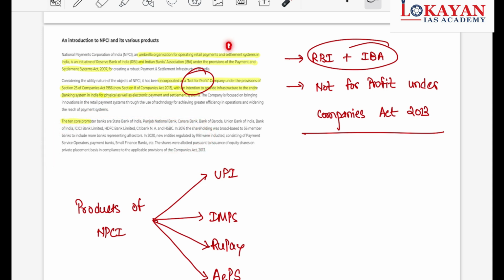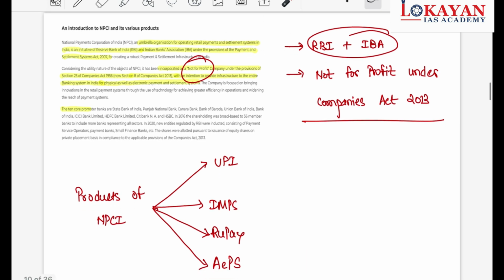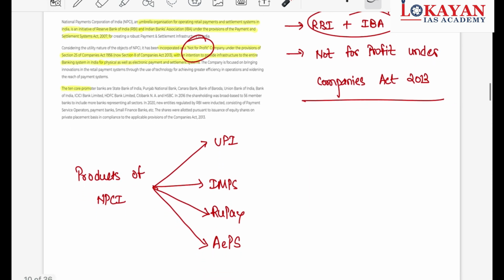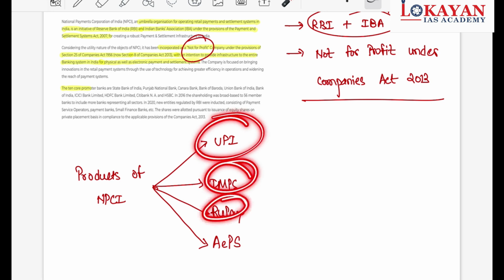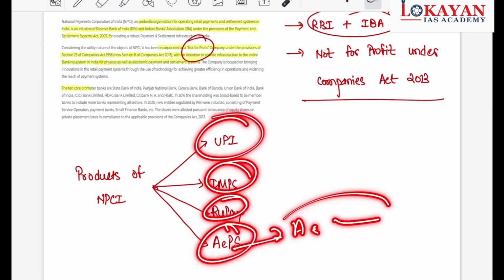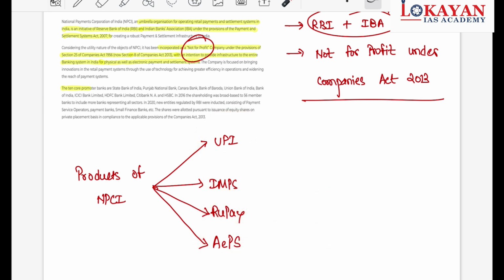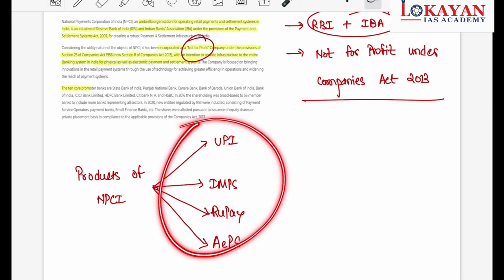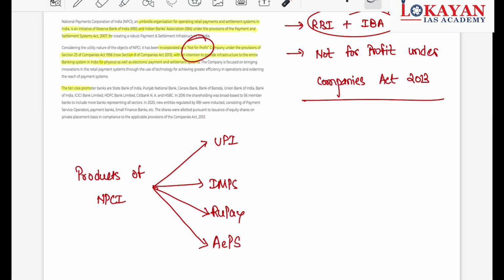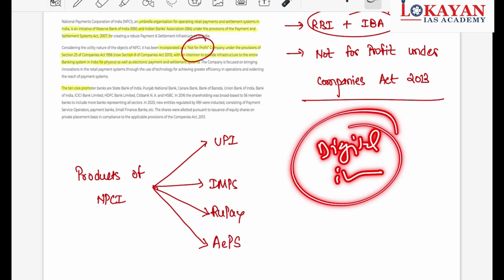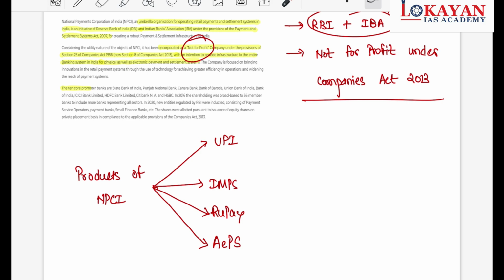You can read about NPCI here, and there are various products of NPCI as I told you: UPI, IMPS, RuPay, AEPS, meaning Aadhaar enabled payment system. More information regarding these products we will discuss in tomorrow's video, where our focus is mainly on digital initiatives. So this is regarding NPCI.